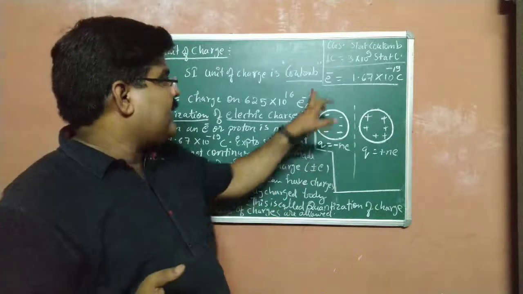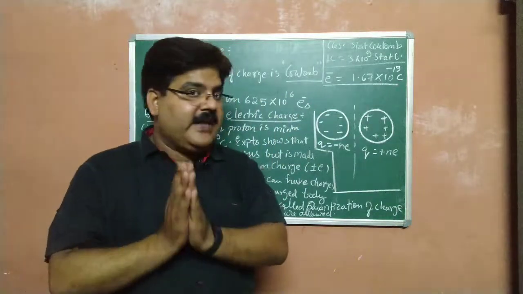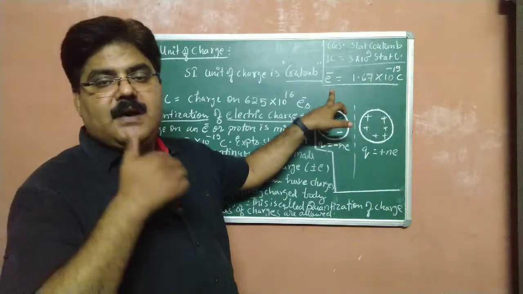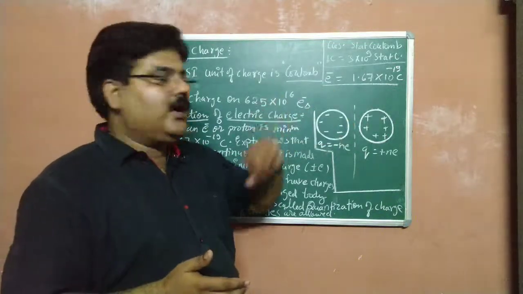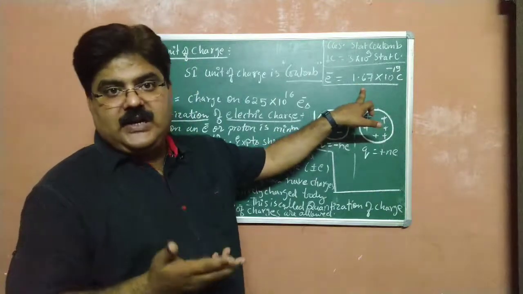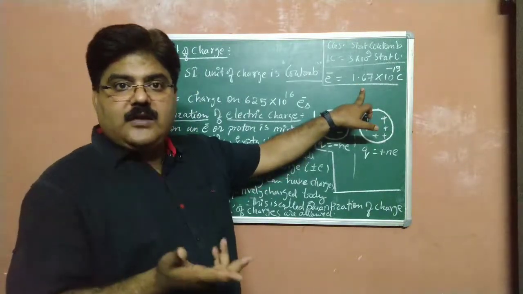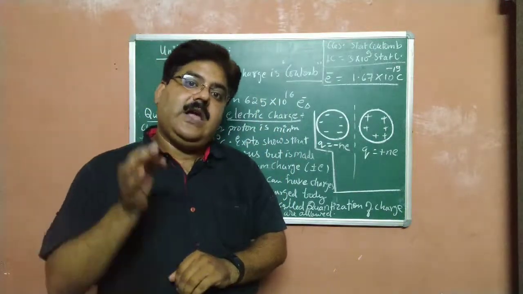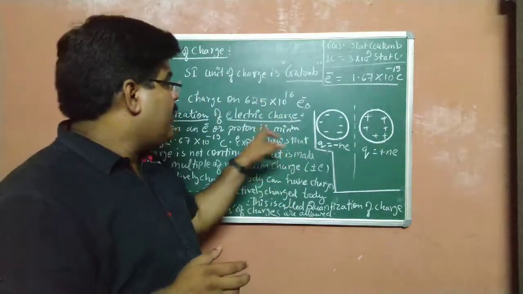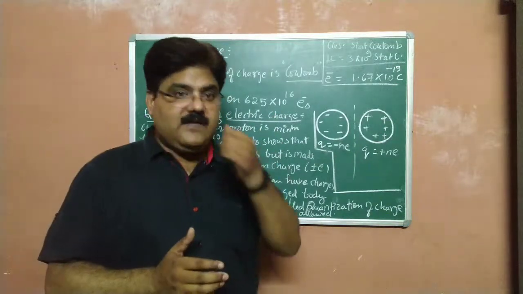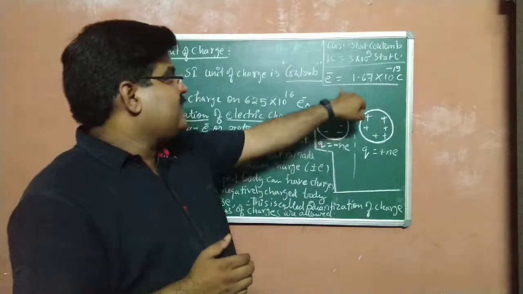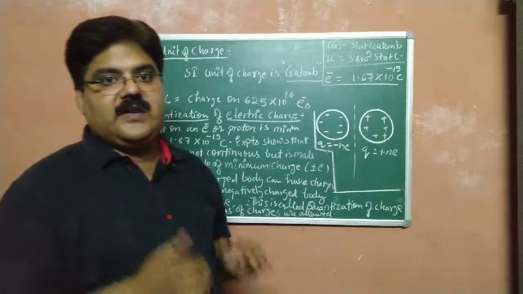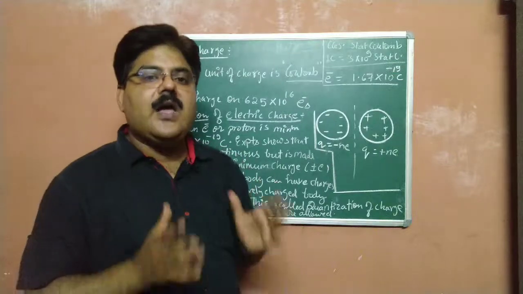I have told you that charge can exist only in integral multiples of e: e, 2e, 3e. So 1.6 times 2 is 3.2, 1.6 times 3 is 4.8, there is no n for 4.5, therefore the given value is totally incorrect. By this phenomenon you can check whether a given value is correct or not, meaning only integral multiples of 1.6 can exist in nature if you are talking about the charge on a body.